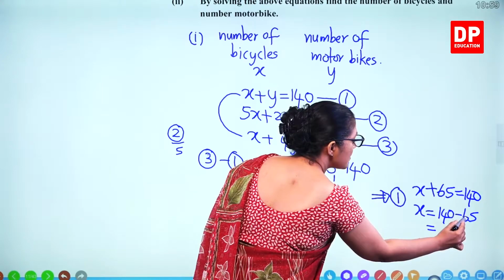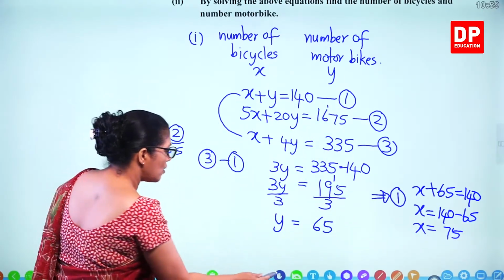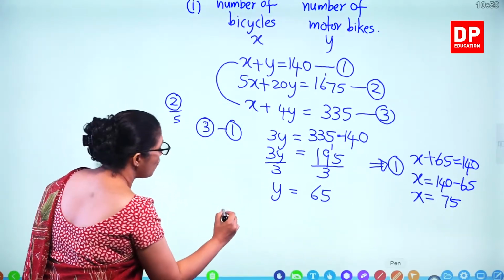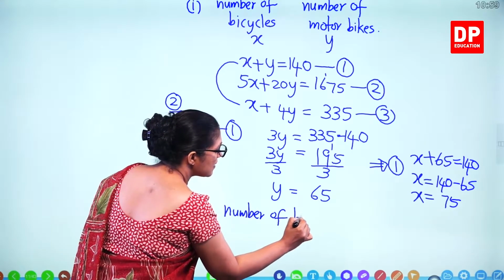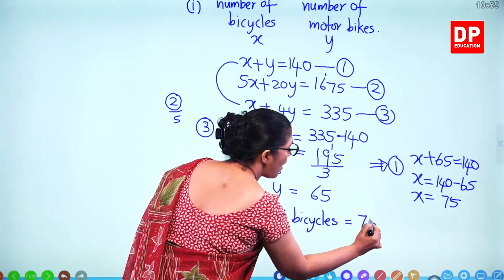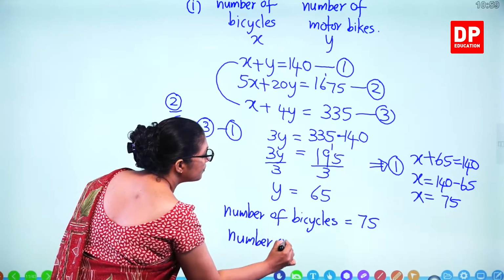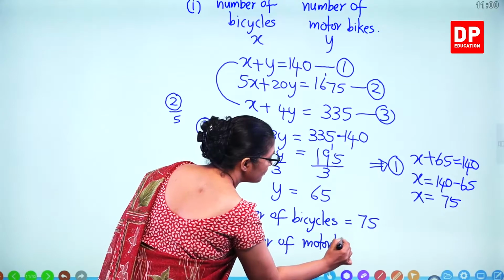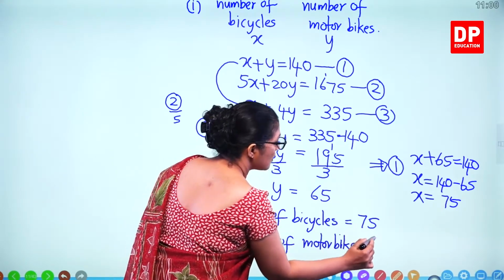So x equals 75. So what does it mean? X means number of bicycles. Number of bicycles is 75 and number of motorbikes, that's 65.